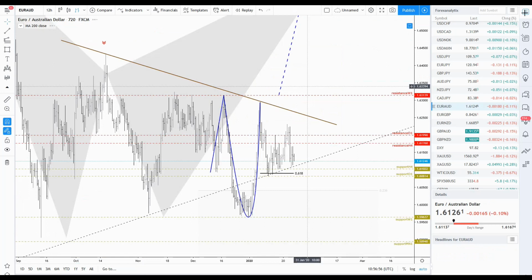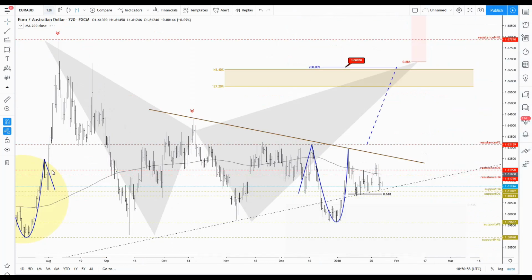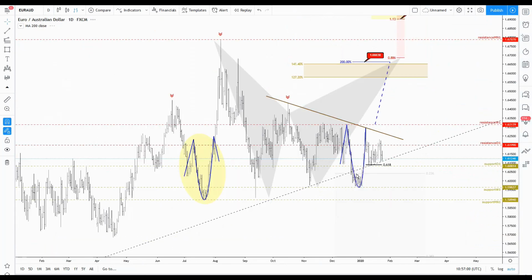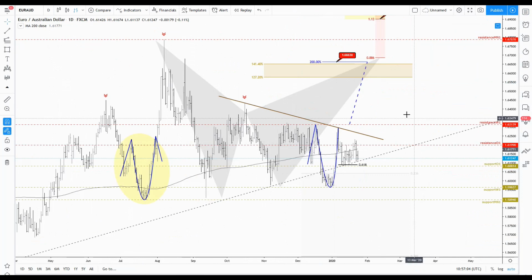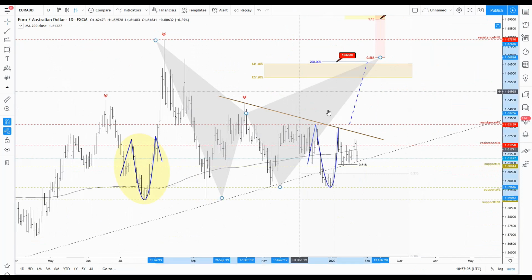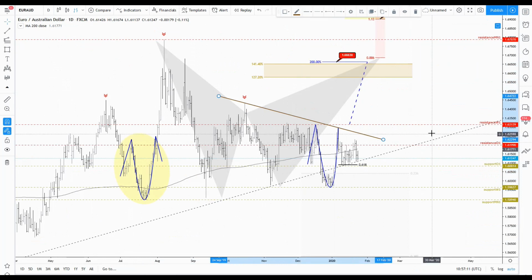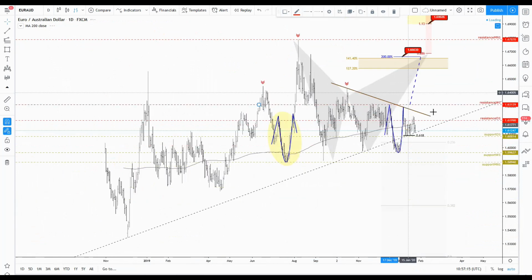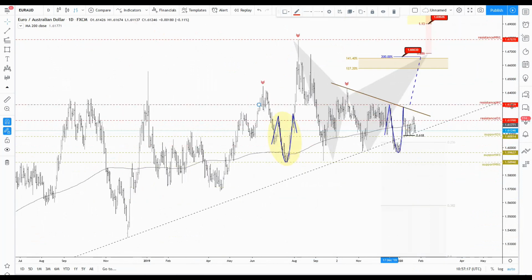Euro versus Australian dollar, and for this one I need to go into a daily time frame. I have projections above. This means nothing. I'm not even sure if the market will break above this structure resistance, and if the market will break this fractal above 163.13.